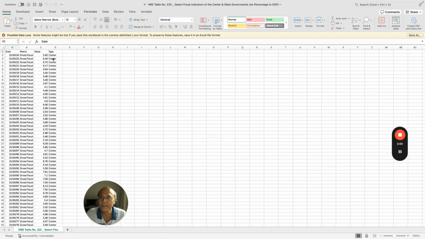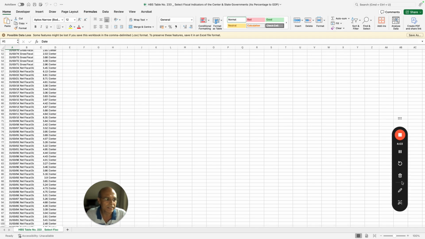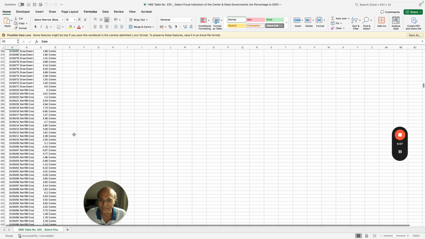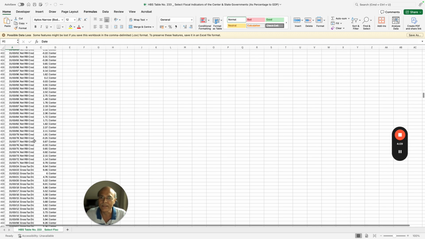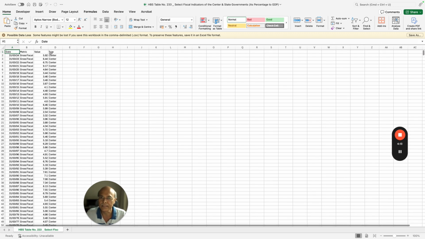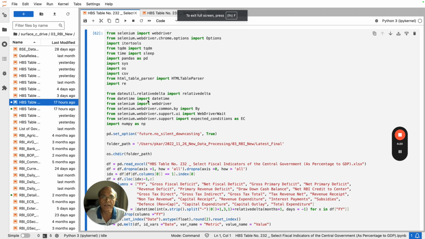Therefore I need it in this format, where if you go down you will see the information like this. We have 4 columns here: column 1 is date, column 2 is metric, then we have value, and then we have type, center, and state.